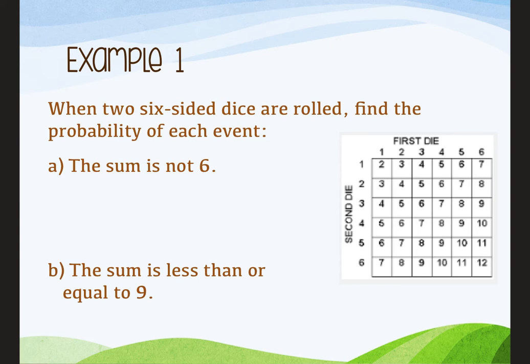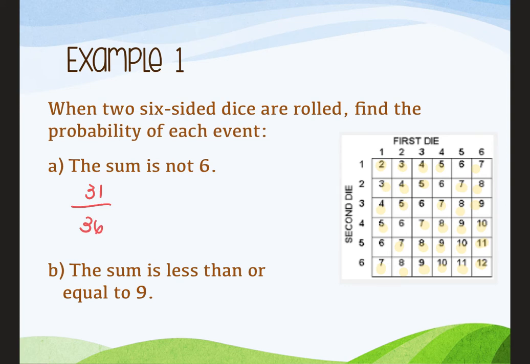So again, let's say I said without using the complement, the sum is not 6. I'd have to count 1, 2, 3, 4, 5, 6, 7, 8, 9, 10, 11, 12, 13, 14, 15, 16, 17, 18, 19, 20, 21, 22, 23, 24, 25, 26, 27, 28, 29, 30, 31. It would be 31 out of the total amount, which is 6 times 6 or 36.